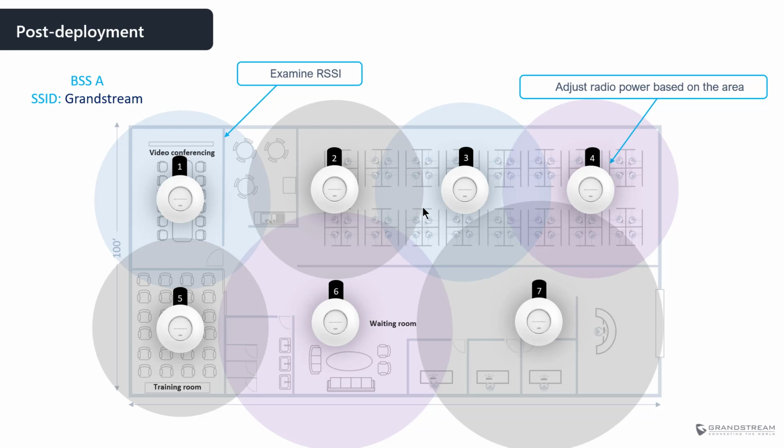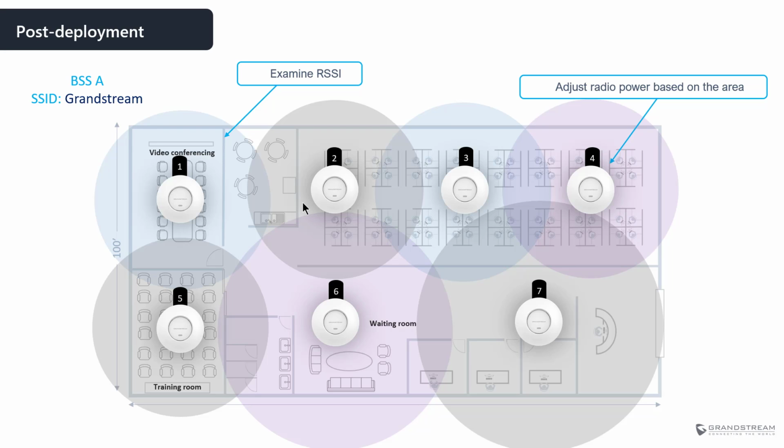It's important to verify it from both sides because, as I mentioned earlier during the presentation, if the signal from the access point is too powerful, the device will detect the signal with a good RSSI value. But when you go to the access point, you find that the signal from the wireless client to the access point is really weak.